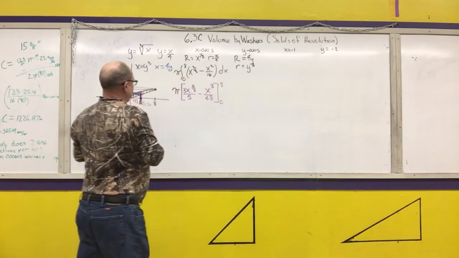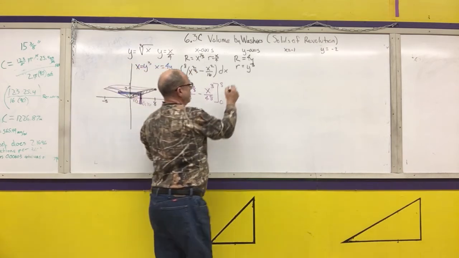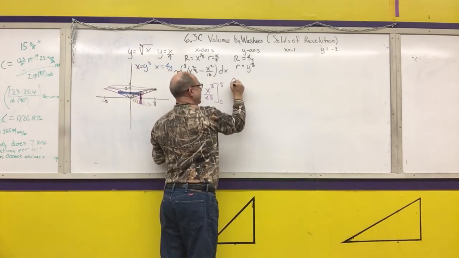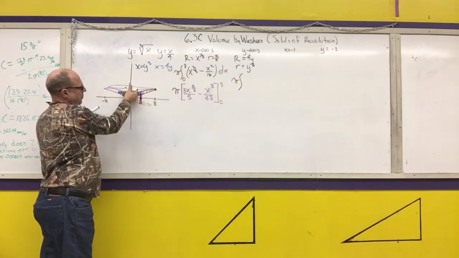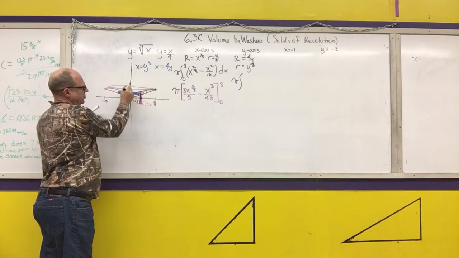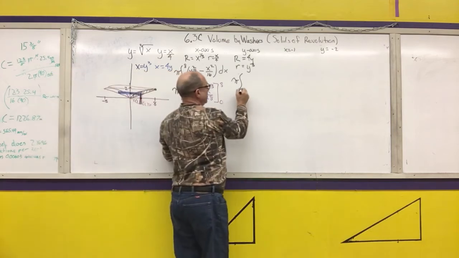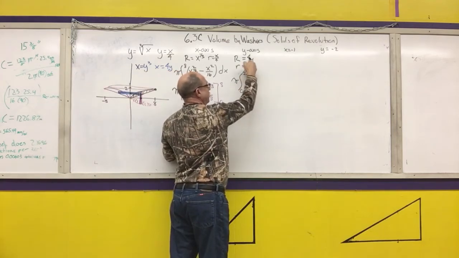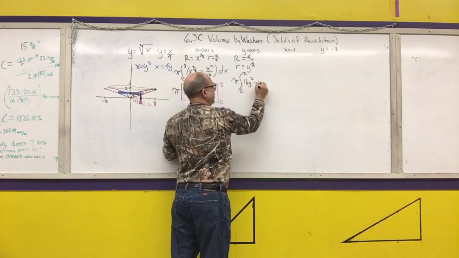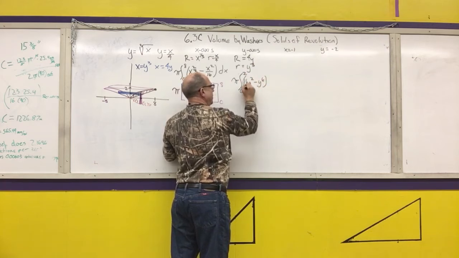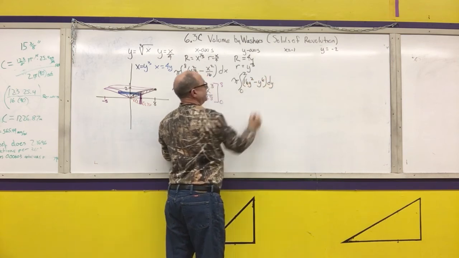So now I need to write my integral. My integral is going to be pi times lower limit. Now because I'm summing in terms of y, it would be from 0 to 2. Big R squared minus little r squared dy.